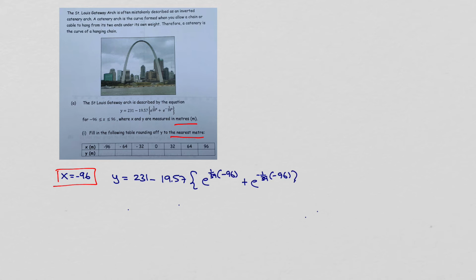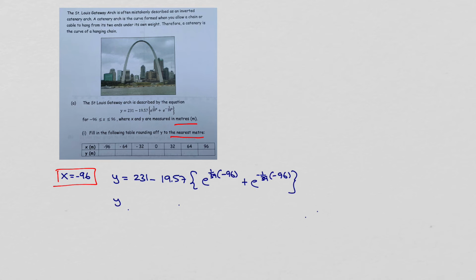So basically what that means is that we're going to sub x equals minus 96 into our function y. So if I sub that into y there, we have y is equal to 231 minus 19.57 times e to the power of 1 over 39 times minus 96 plus e to the power of minus 1 over 39 times minus 96.